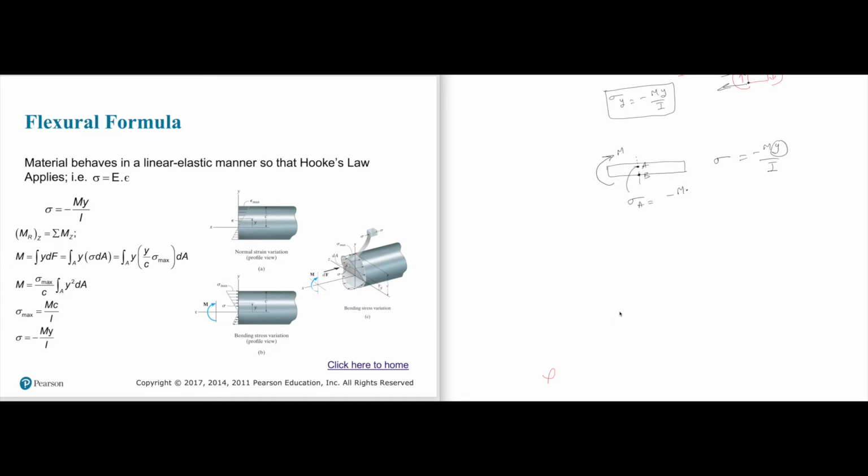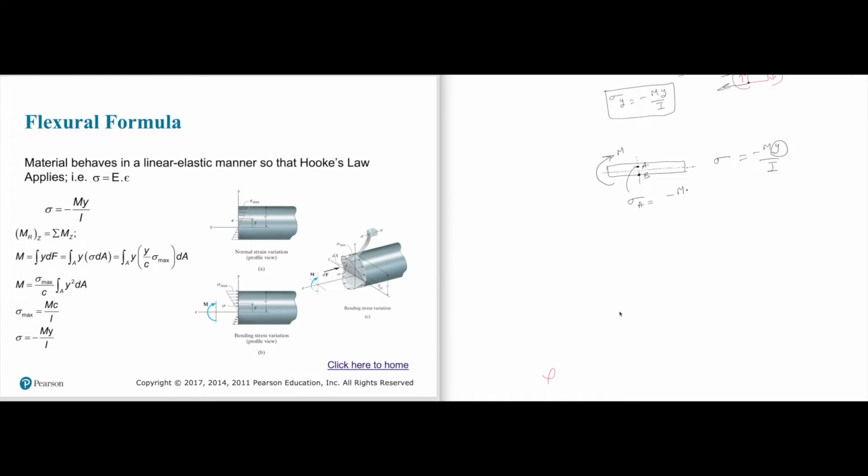Y is the distance from the neutral axis to the point. So where is the neutral axis? It's always at the centroid in this case. When we're talking about curved beams, it's a different story, but in this case, neutral axis is at the centroid.